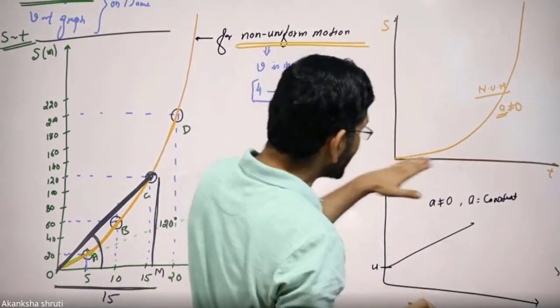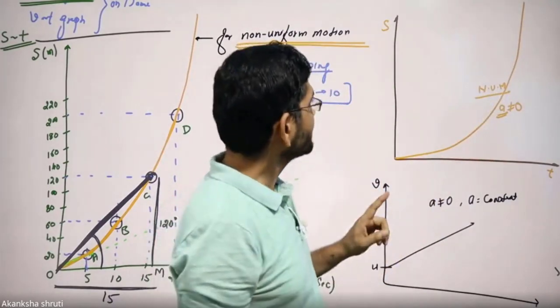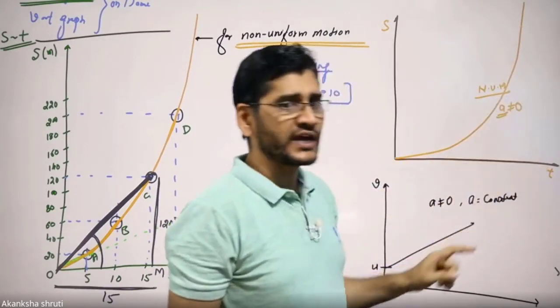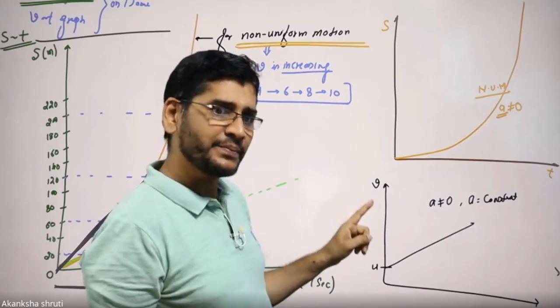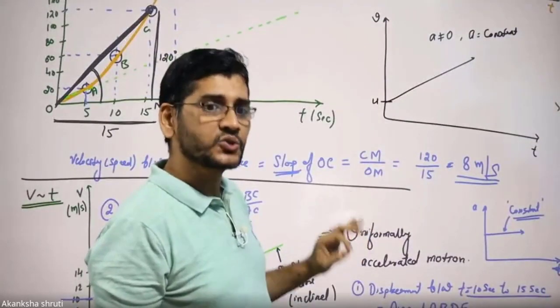So this is the nature of the graph that we have to understand. And by observing the nature of the graph, which kind of motion the body is having can be predicted or written. So we have to summarize those things today.